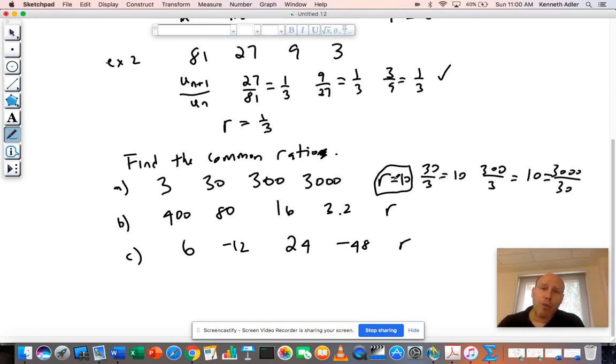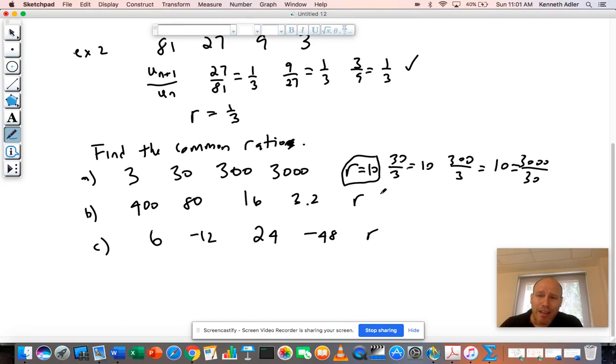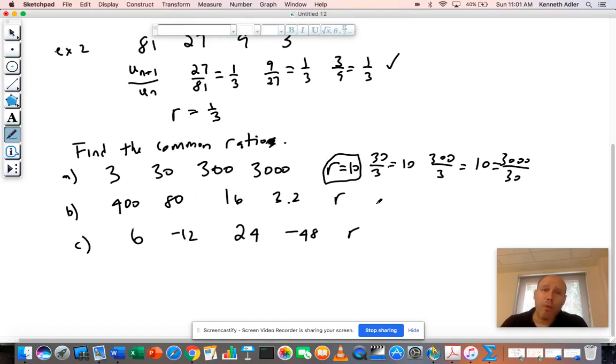What's going on with part B? So you think you might know, but make some ratios, take out your calculator, and see if you get the same ratio. I'm going to say, let's see, 80 divided by 400, that's 1/5. Okay, 16 divided by 80.